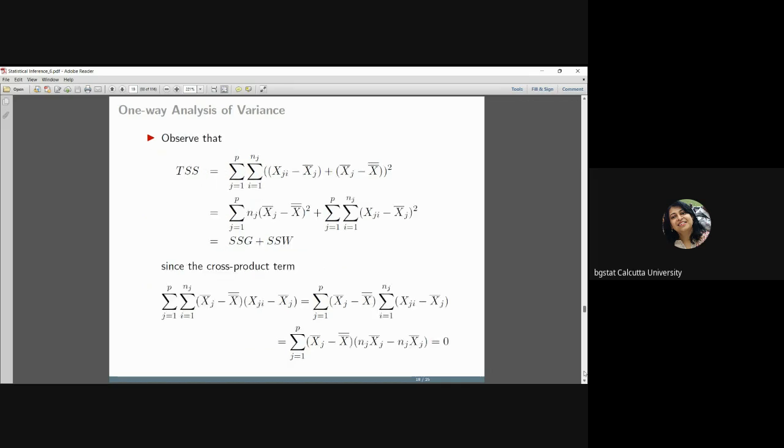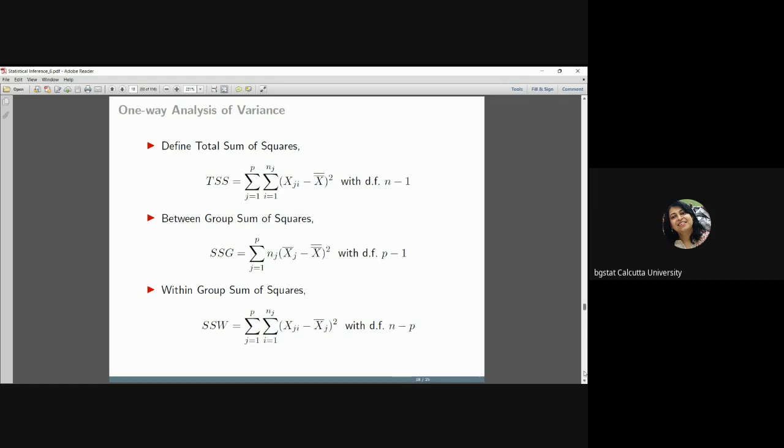And then I also have the within group sum of squares, which is given by considering each state, finding the squared deviation of the state observations from the state mean.